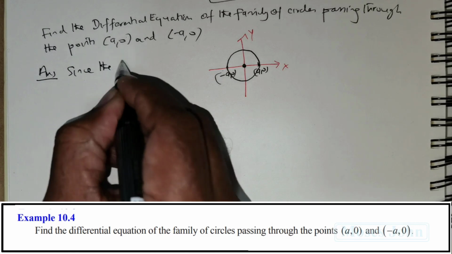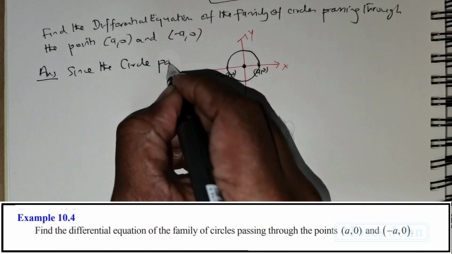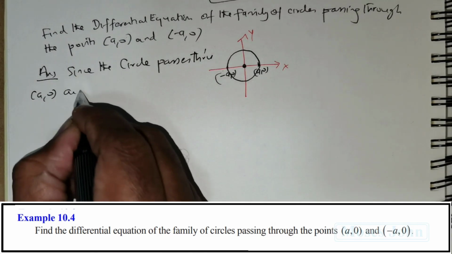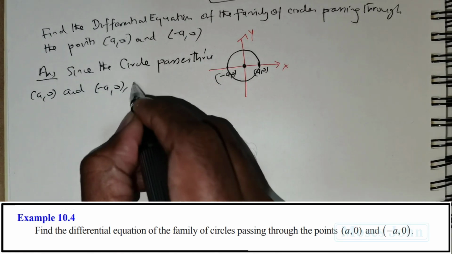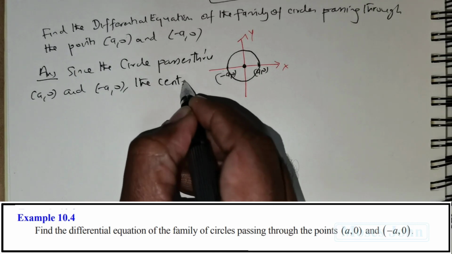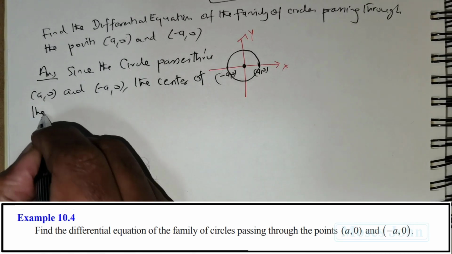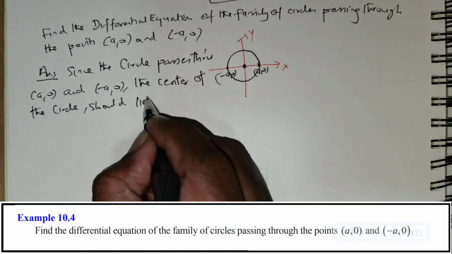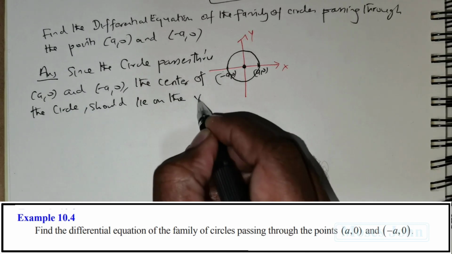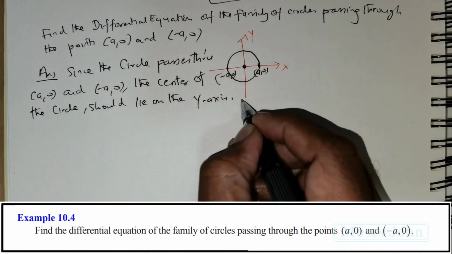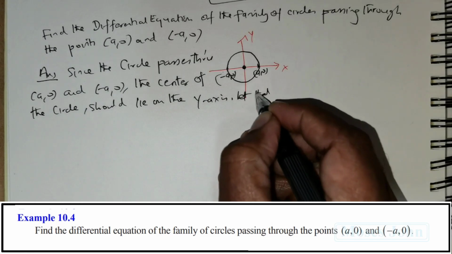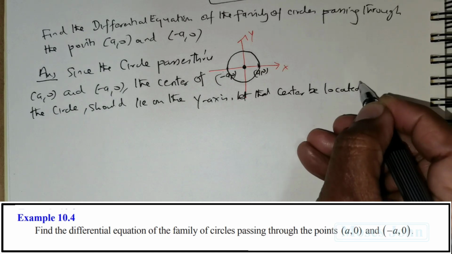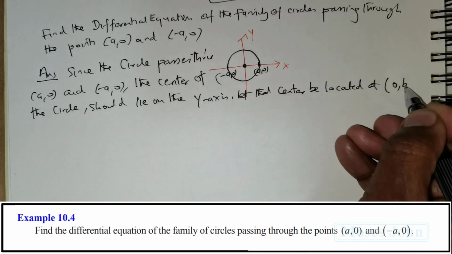Since the circle passes through (a, 0) and (-a, 0), the center of the circle should lie on the y-axis. Okay, so let that center be located at (0, b).